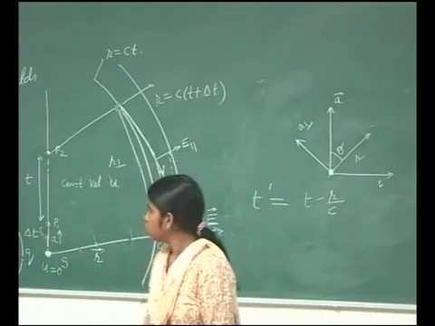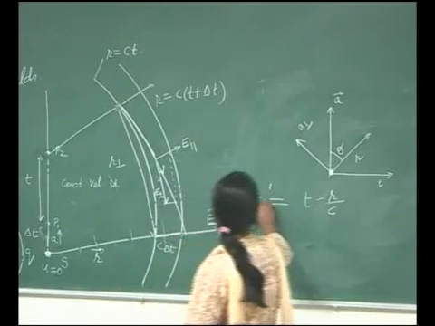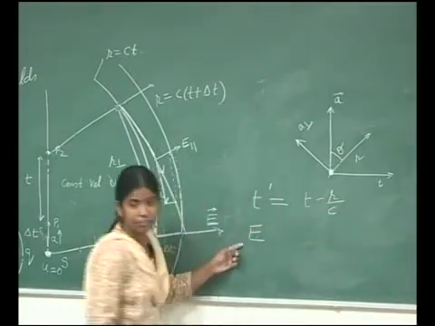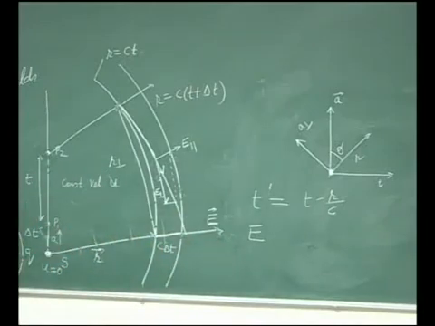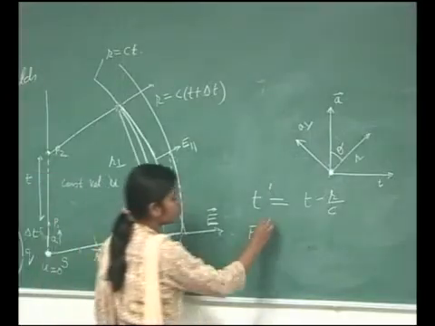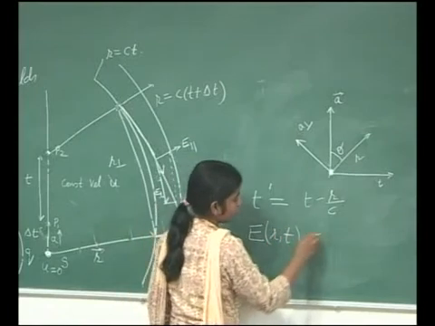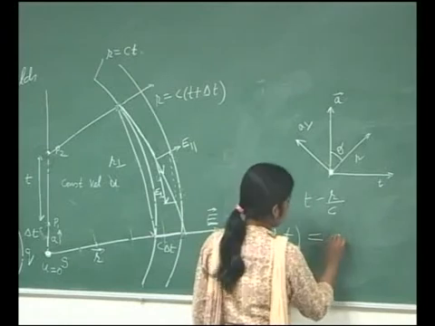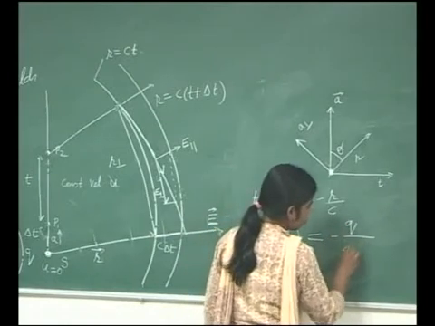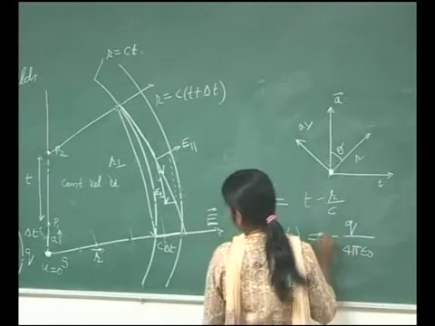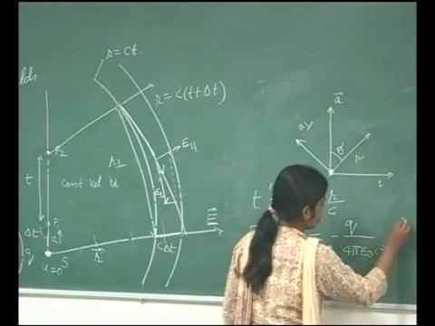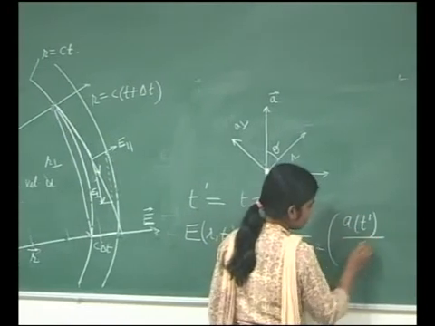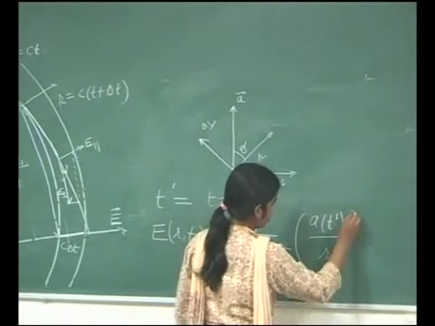Okay. So, now for t dash equal to t minus r upon c, I can write that the electric field associated with the travelling wave would be E(r,t) equal to minus q upon 4 pi epsilon 0 c square into A(t dash) divided by r.